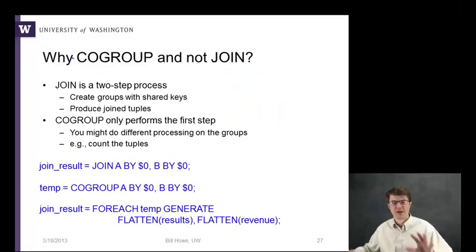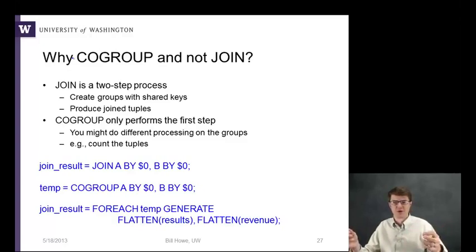All right. So we have this cogroup operation and we have a join operation. Why do we need both? Well, the reason to make cogroup explicit is that join is really a two-step process: one step to create the groups based on the join key, and then a second step to actually produce the join tuples. But that group creation step is useful for a lot of applications, not just producing a join.